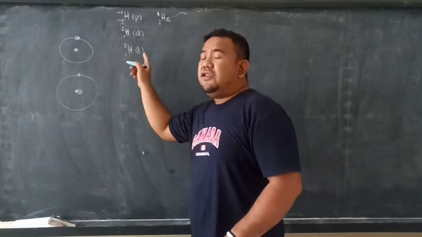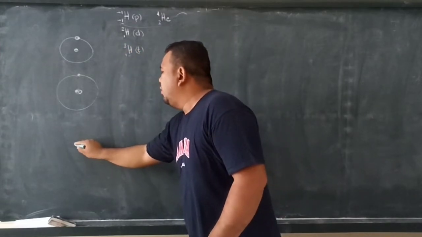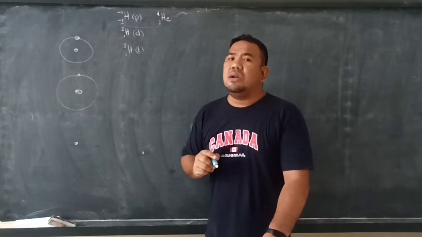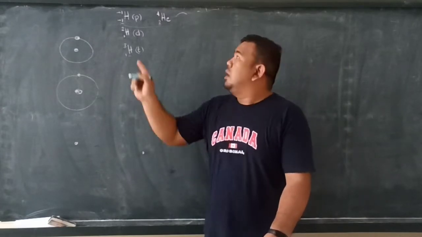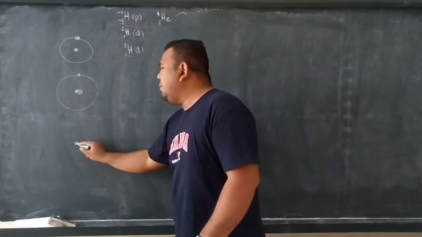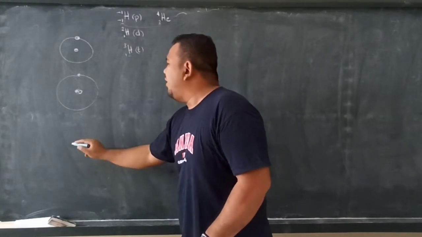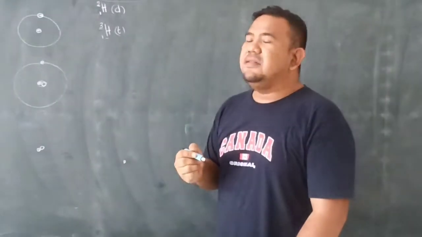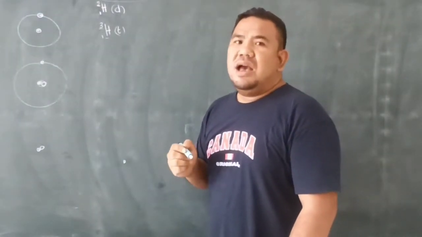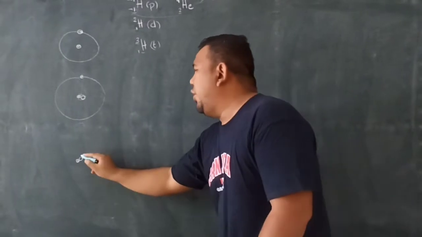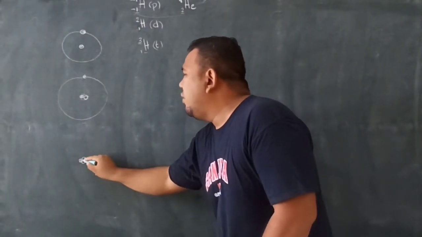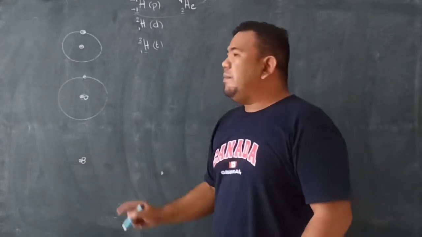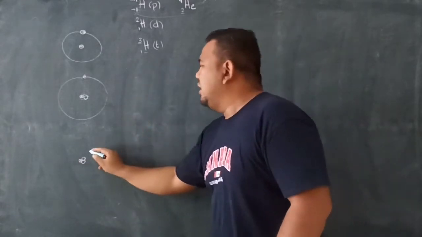Then your tritium here, you have one proton still, because if you add one more proton, it's no longer hydrogen, but already helium. So one proton, then since you have three nucleons, three particles in its nucleus, you will have to add one more neutron. So you have two neutrons, one proton, and this is your tritium.